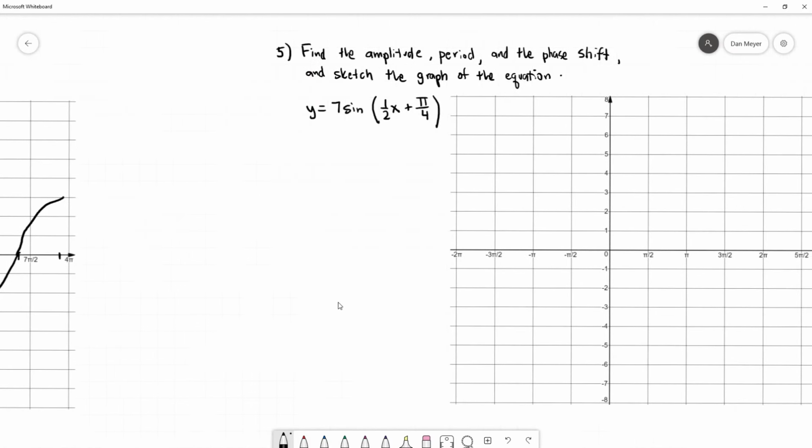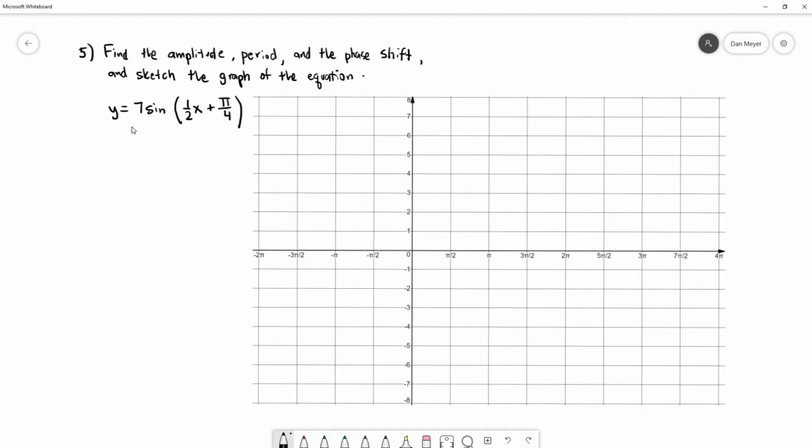All right, so now we got everything going on here. Number 5. Again, find the amplitude, period, and phase shift. Sketch the graph. If we're identifying parameters first, here we're looking at A sine of Bx plus C. My A is 7. My B is 1/2.